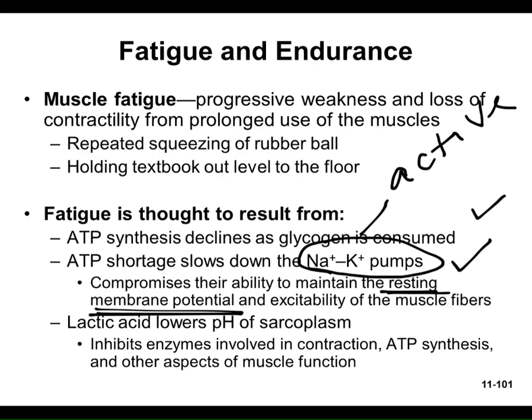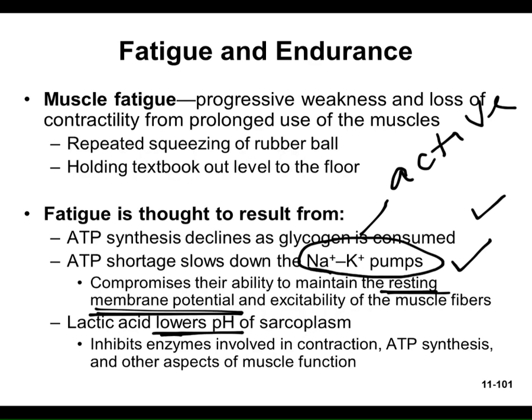I didn't give you a number for threshold, but clearly if you're lowering your resting membrane potential, it's going to make it more difficult for the muscle to get to that threshold point. Also, that lactic acid we've talked about starts to build up. What does low pH do? What happens to a protein in high temperature or low pH?